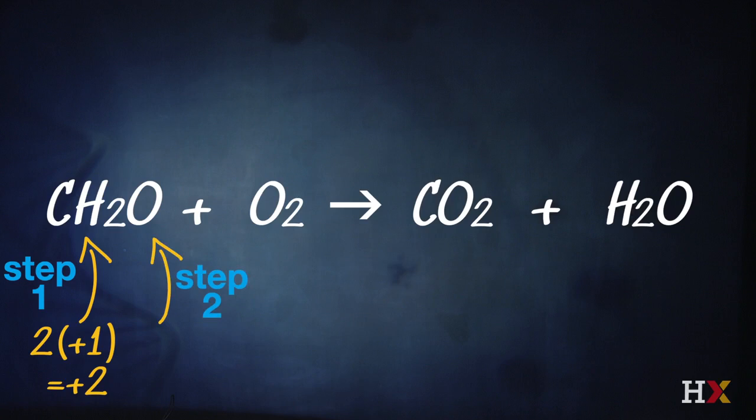Step 2 is to assign the oxidation state of oxygen. Well, oxygen has -2, so that's interesting. In the formation of formaldehyde, as we saw before, 2 electrons passed into that central carbon from hydrogen, but those same 2 electrons were scarfed up by oxygen at the end of the molecule. All right, so step 1 and step 2 we've completed.